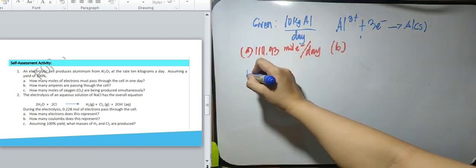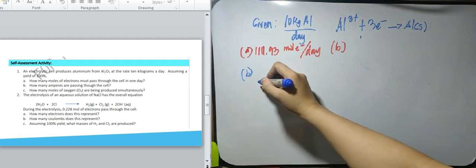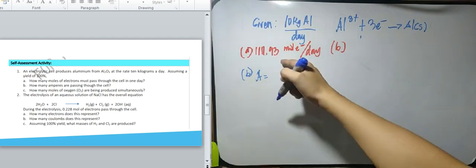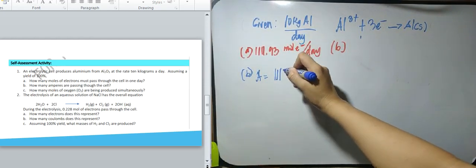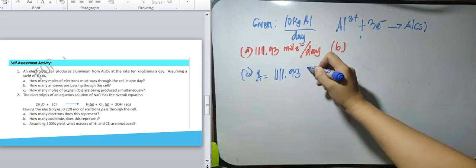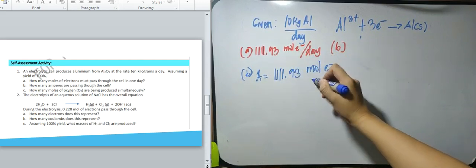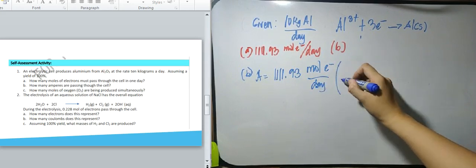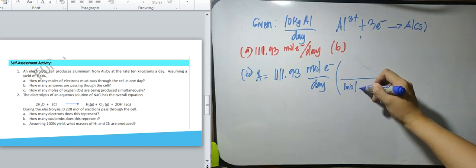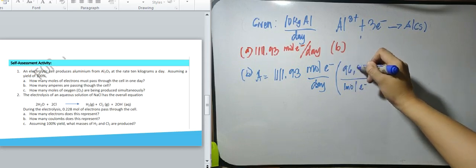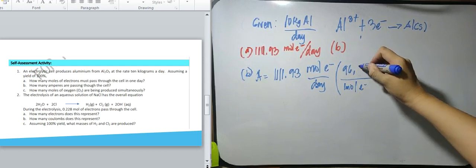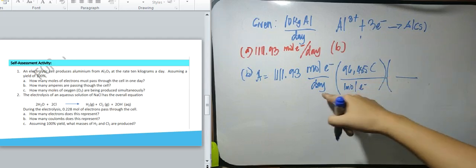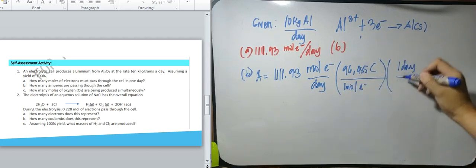Okay, we'll now solve for the rate of current flow. So we have 1111.93 moles electron per day. So we have 1 mole electron, 96,485 coulomb, times in 1 day we have 24 hours.